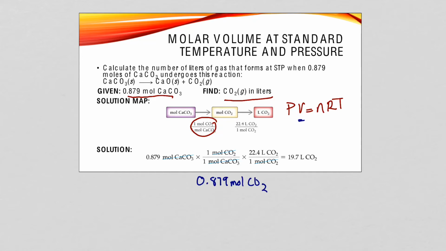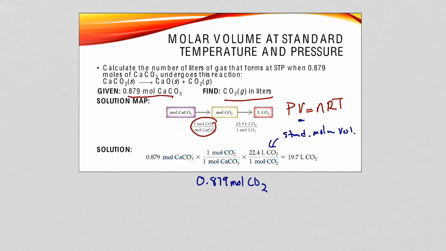Now, this 22.4, the standard molar volume, gives us a shortcut. Anytime we're at STP conditions, we can use this volume to represent the volume of 1 mole of gas. So if 22.4 is the volume of 1 mole, then we can use that value to figure out the volume of any number. For example, half a mole would be 11.2, or 2 moles would be 44.8.